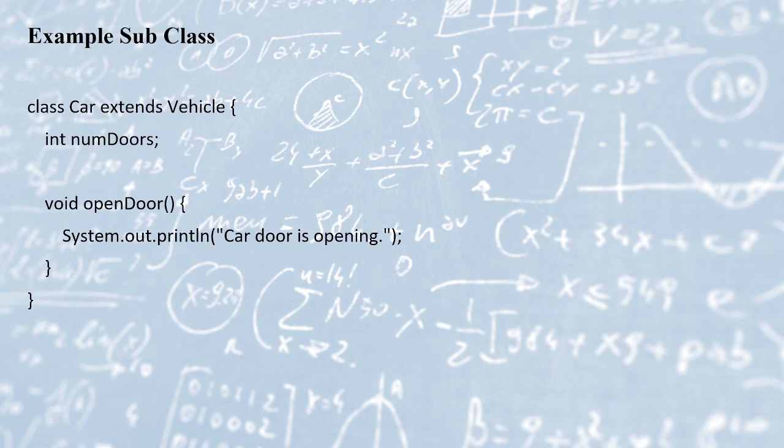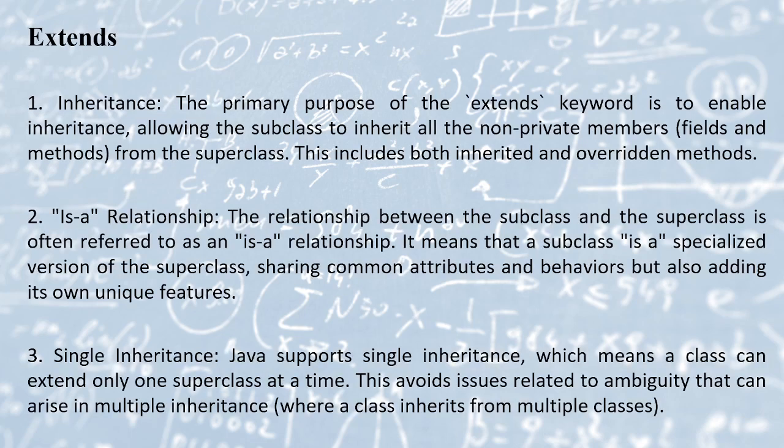Okay, so let's talk about extends first, and then we'll go ahead with superclass, because the extends keyword is very important in inheritance. We have to understand it thoroughly before we go about superclass, because superclass and base class are the same thing.